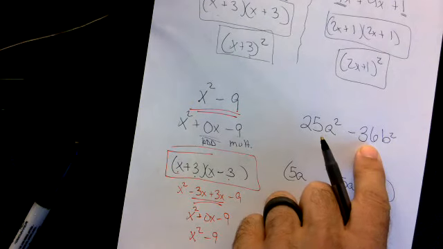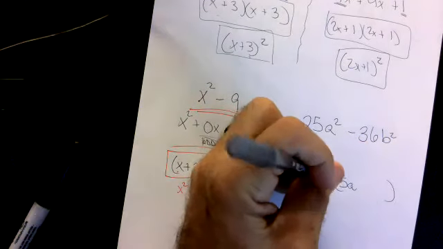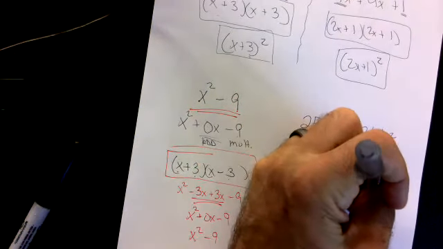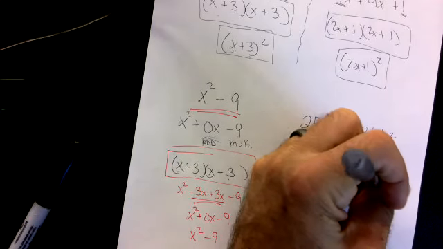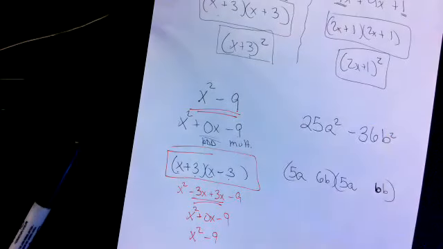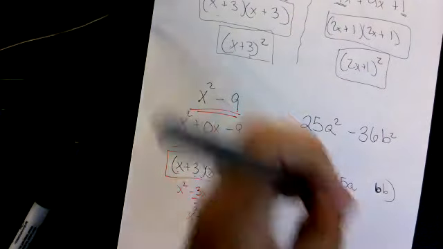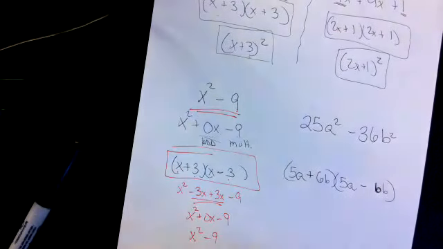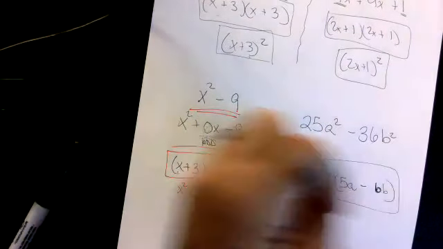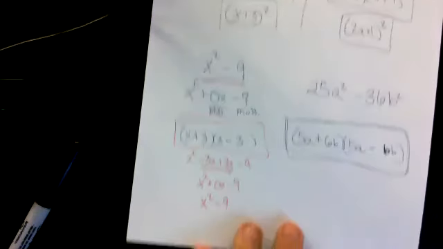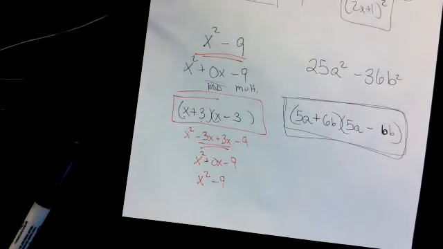What can I multiply by itself to get 36b squared? That would be 6b and 6b. And then just make 1 plus and 1 minus. And that would be your completely factored form.